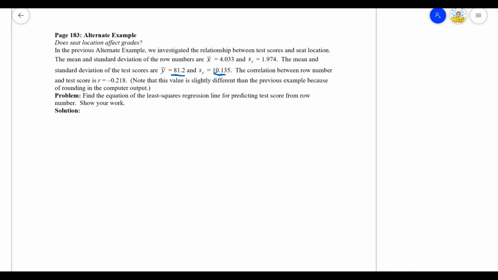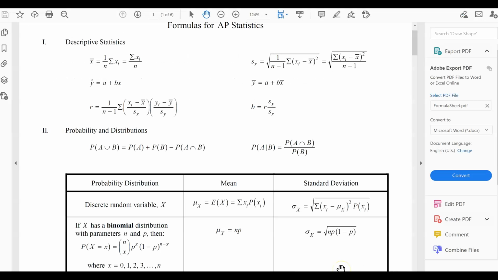So this could look confusing, but if you take a look at our formula sheet, if you sit for the AP Stats exam, there's two pretty critical formulas on here. The one is for the least squares line. Really just these two.